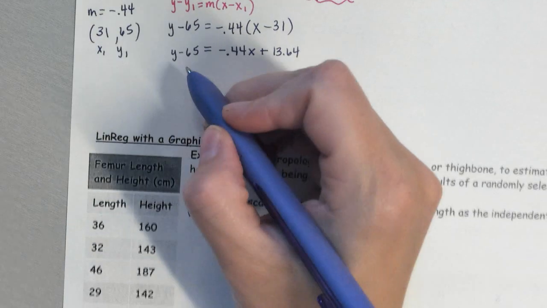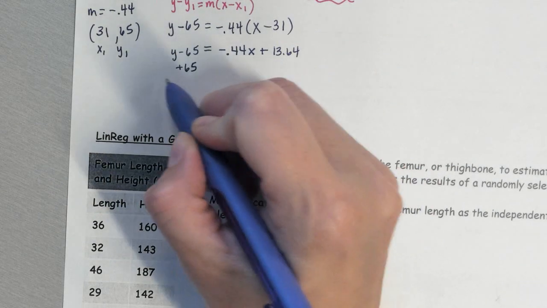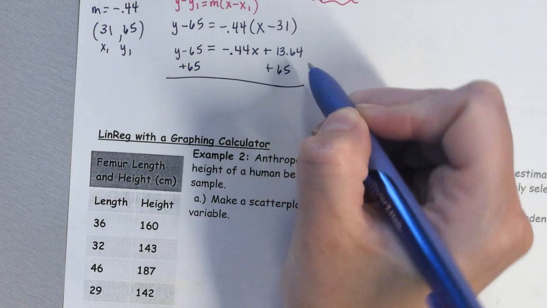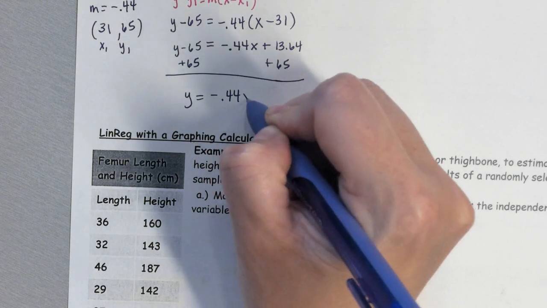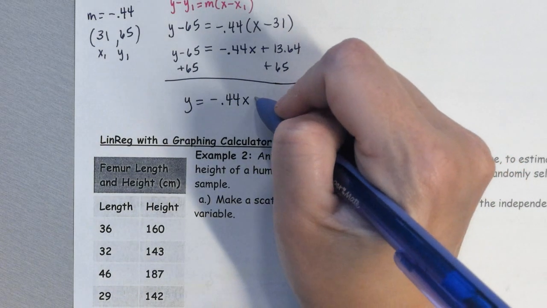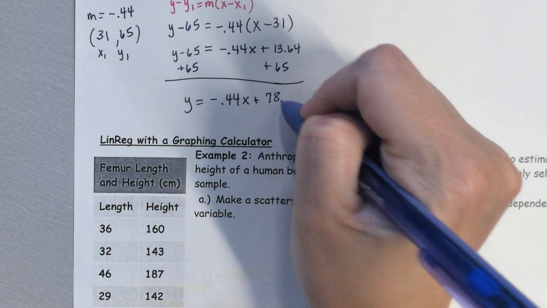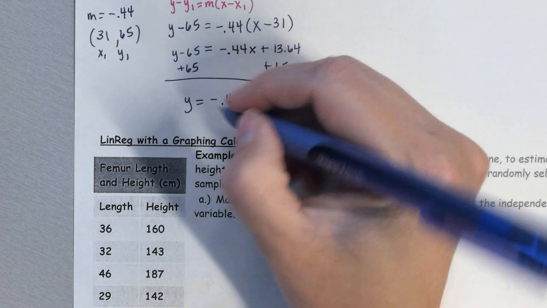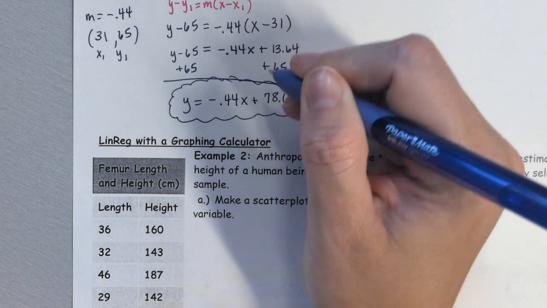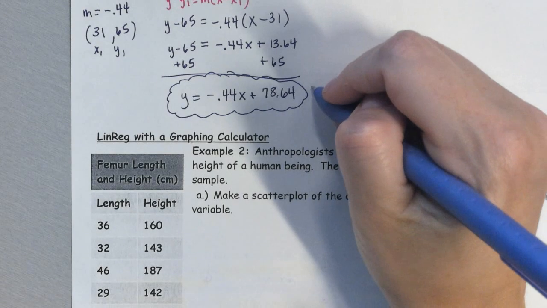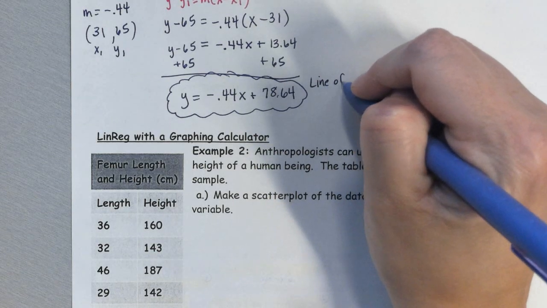And then my last step is to get y by itself, which will be me adding 65 to both sides. And then I will have my equation. 78.64. So this is the line of best fit.